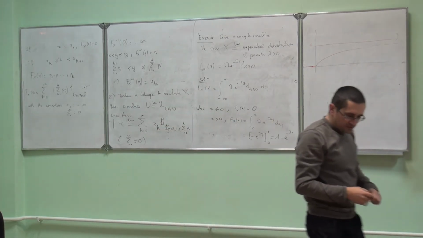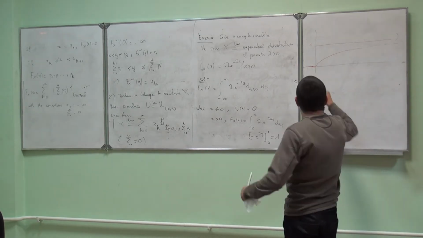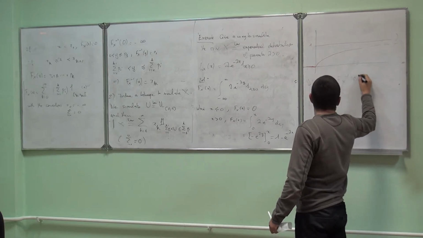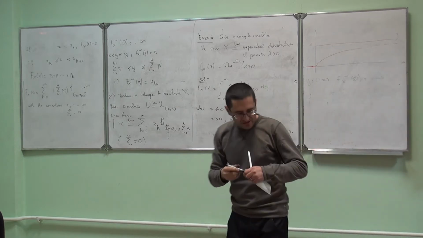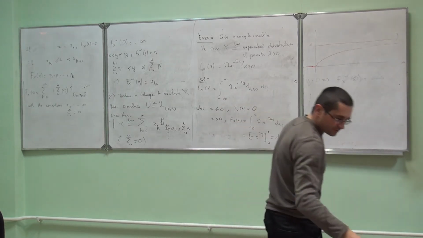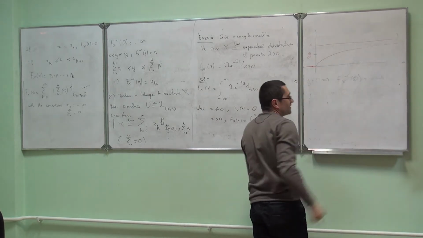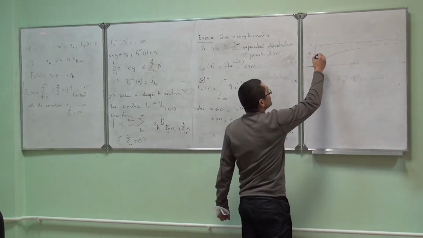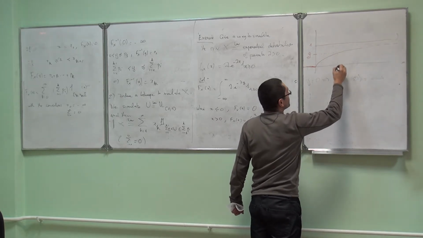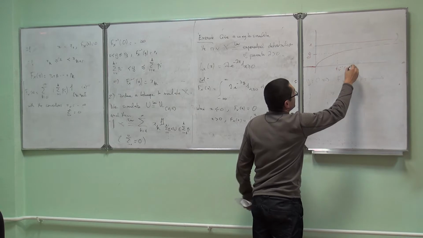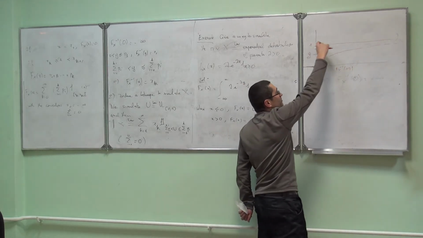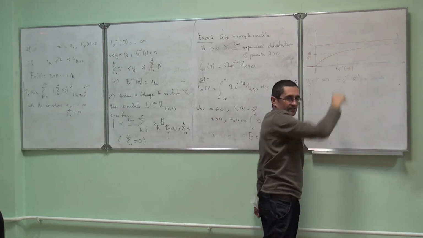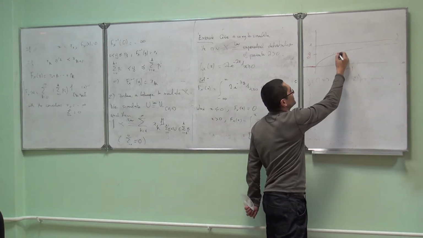So, except the case where y equals 0, where F_X minus 1 of 0 equals minus infinity, as soon as y is strictly positive you have a true inverse, F_X minus 1 of y, because you just keep the part of this graph which is above this line. You get this point.